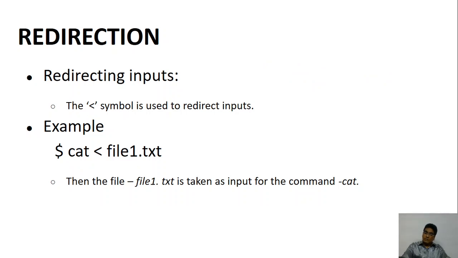So the input to the cat command is going to come from the file. This is called redirection. Generally, you know very well, cat assumes that the input will come from something, but here we are changing it. You're telling cat that the input will come from something else.